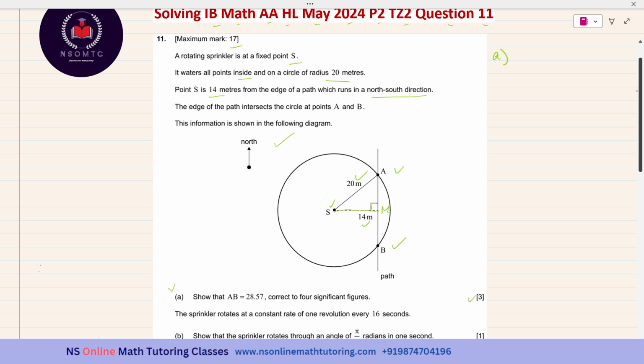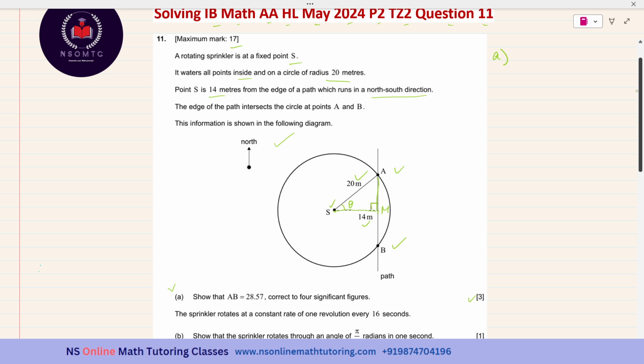So this is the midpoint of AB. Now if we can find the measurement of EM, we will be doubling it to get the measurement of AB. So what will be the measurement of EM if I take this angle to be equal to theta? Or else you can use the Pythagoras theorem also. Let me use the Pythagoras theorem.